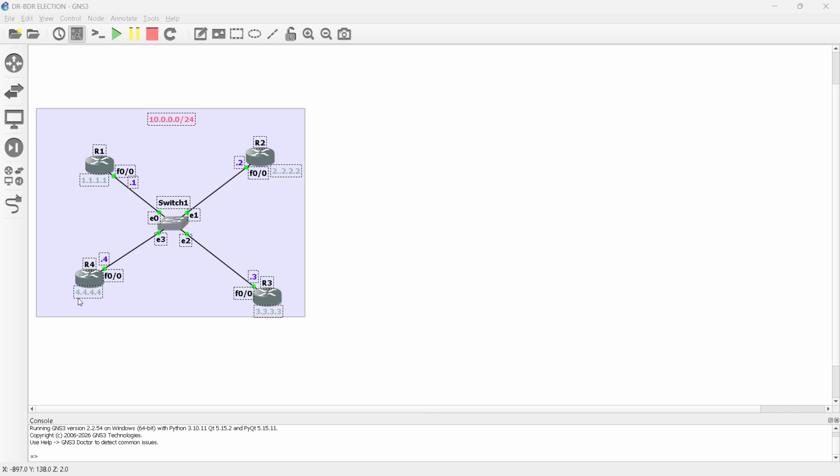Now, initially, we are going to enable R1, R2, and R3 with OSPF.